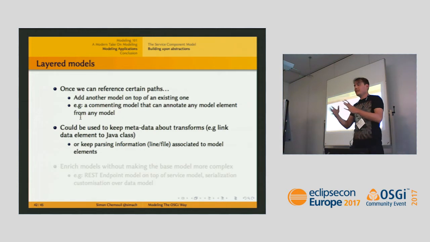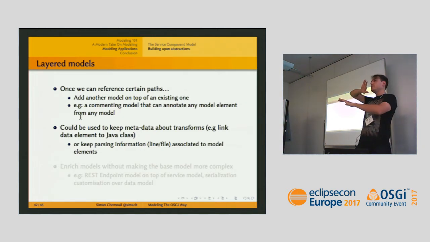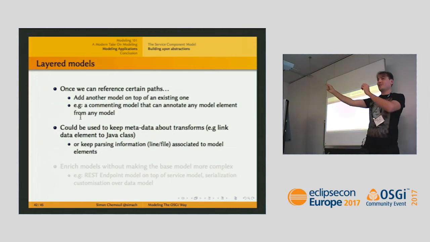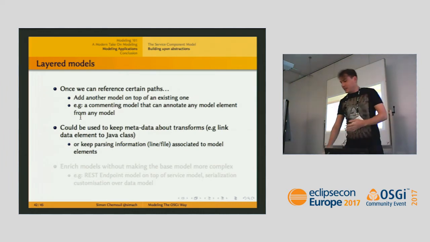They don't know about the source anymore. They've gone into the modeling world, but sometimes, if we want nice errors, we need to know where it comes from. So I would like to tag elements and put another model on top. I call that layered models. And that's something I want to build.